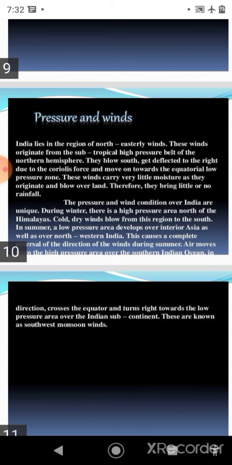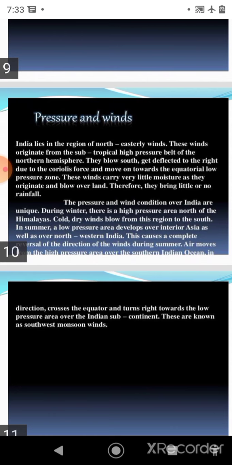These are the winds which originate over the subtropical region, and from the subtropical region these winds blow towards the equatorial low pressure belt. And as these winds blow from the northeast direction, we call these winds northeast trade winds.